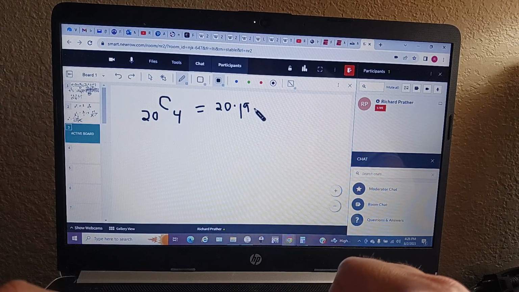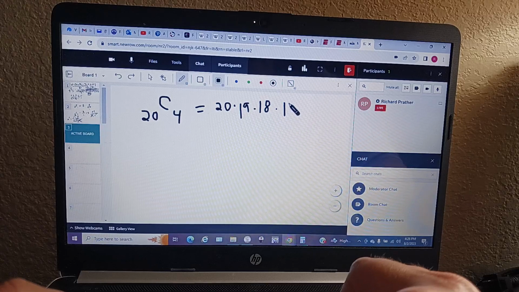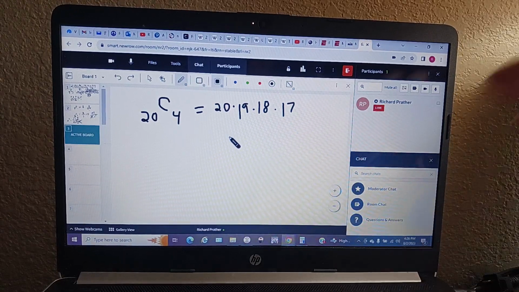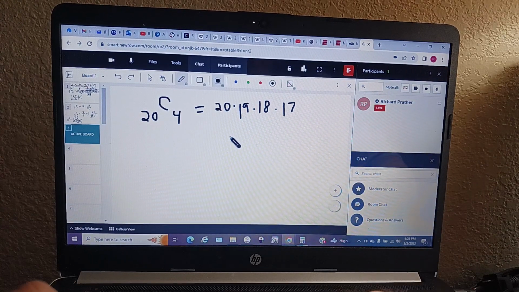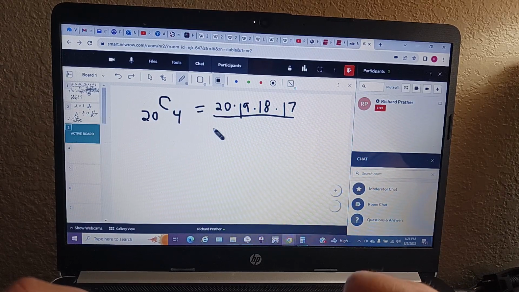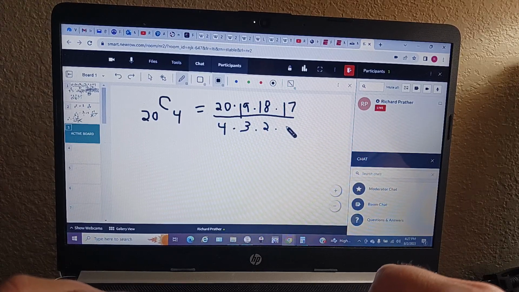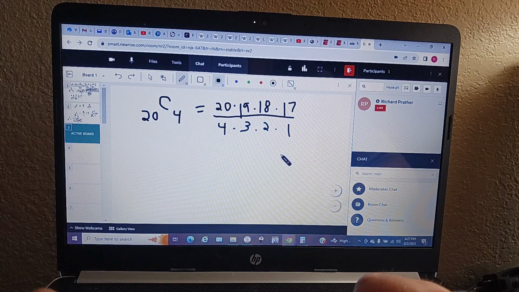So 1, 2, 3, 4. Stop. If it's a permutation, that's all you do. If I would have had 20 permutation 4, I would just multiply these out on a calculator. The combination, what's different is then you also divide by this down to 1. And you'll always have an equal amount of numbers in the top and the bottom. There shouldn't be 4 numbers in the top and 5 numbers in the bottom, for example.